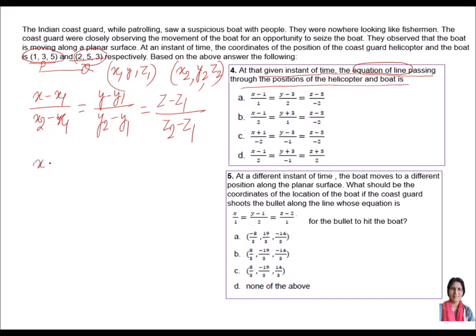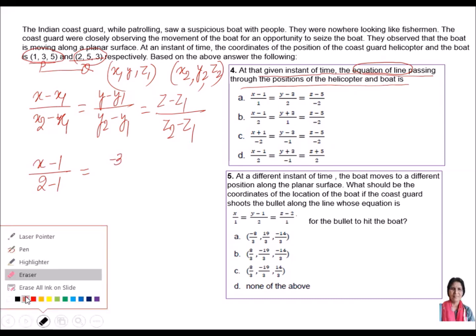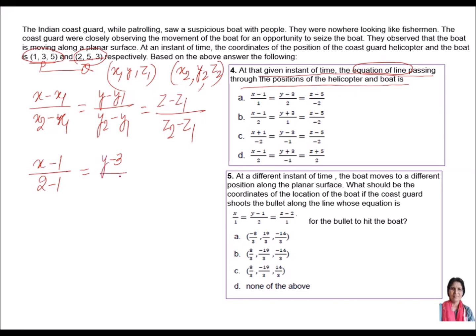So x minus 1 upon 2 minus 1 is equal to, sorry, y minus 3 upon 5 minus 3, that is equal to z minus 5 upon 3 minus 5.